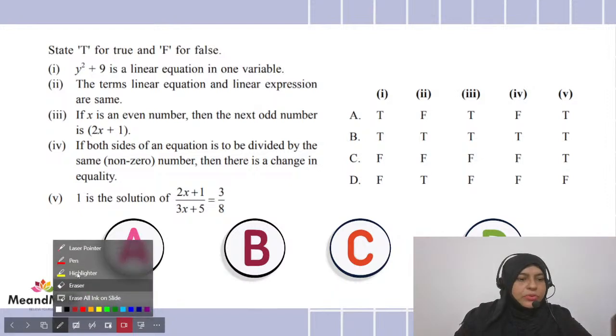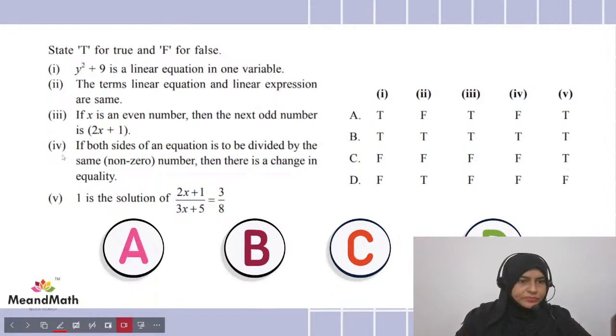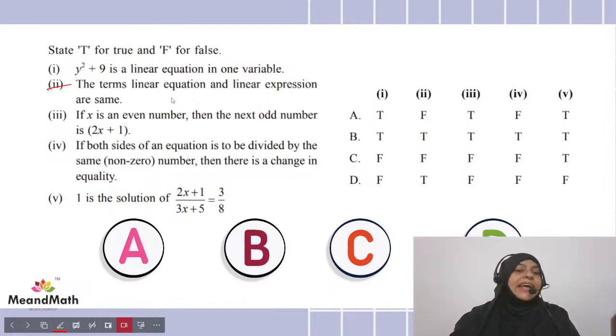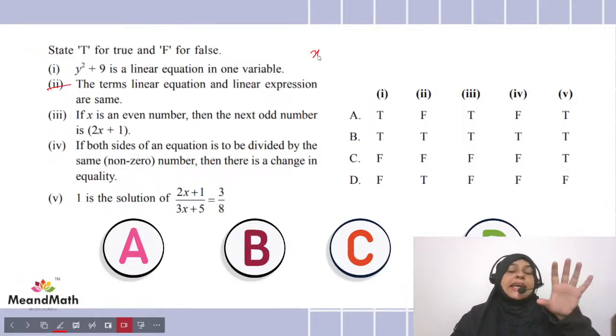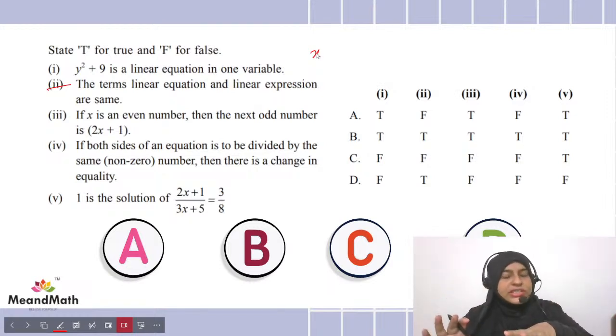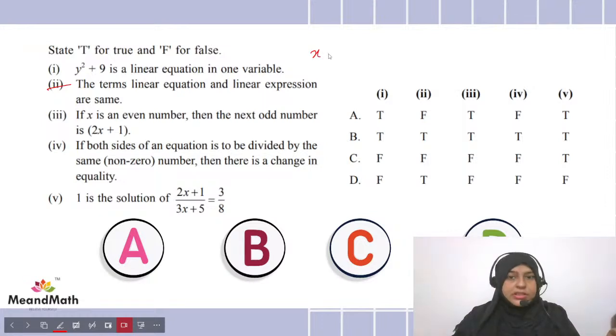Now, let's try to understand the next one. The terms linear equation and linear expression are same. What is the difference between the linear equation and linear expression? Expression means it is the combination of a variable and constant with some operator.